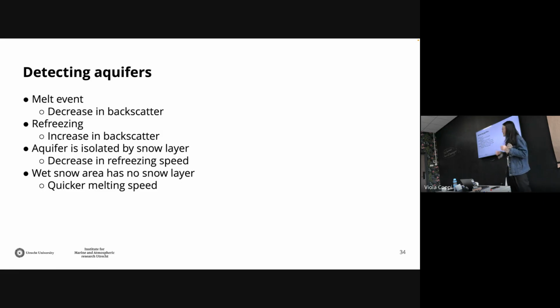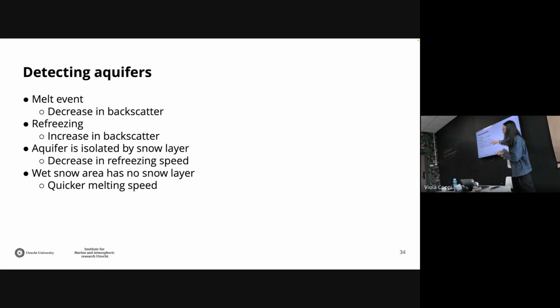So when we have melt, we have less signal back to the sensor. That's why we have less, or decreasing, backscatter. On the other hand, in the winter season or refreezing season, when the water is becoming snow or ice again, the backscatter will go up. So in this case, we can literally see where is the ice and where is the water, or where is the snow and where is the water.